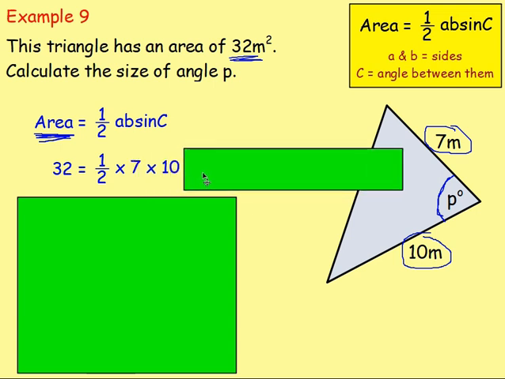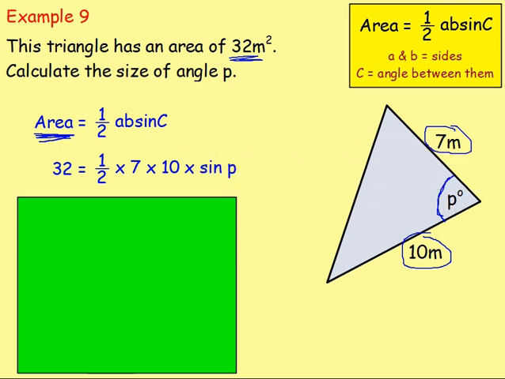So you've got a half times 7 times by 10 times by sine C. What is sine C going to be? Yeah, brilliant. Well done. Because we're calling this angle P, instead of sine C, we're going to say it's sine P.